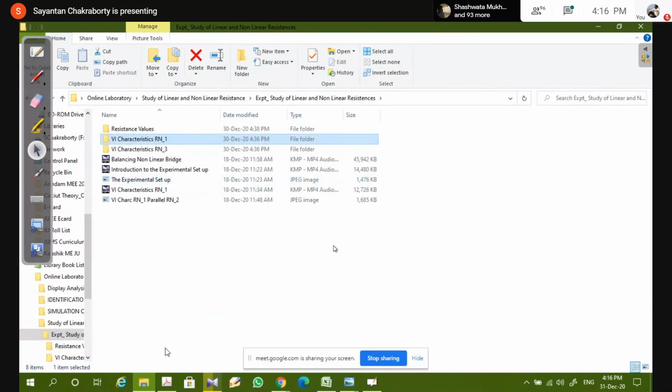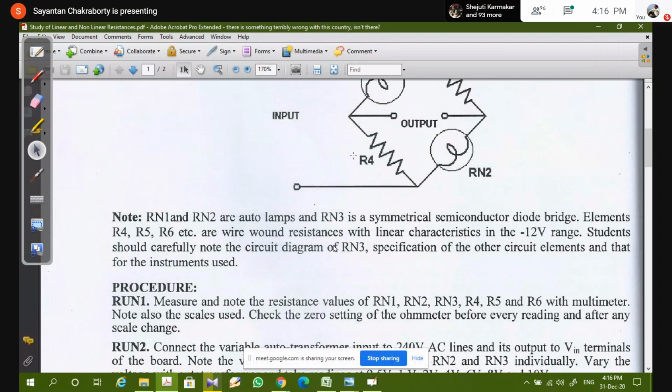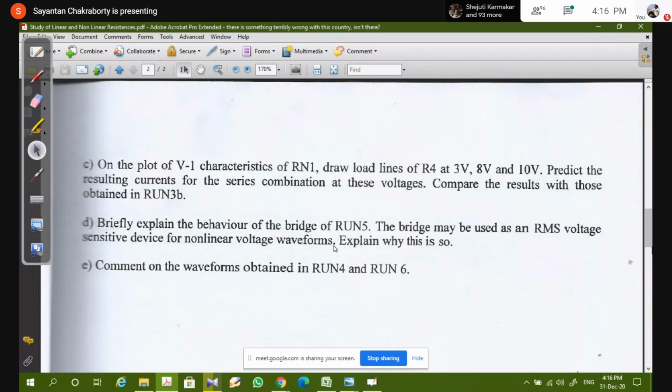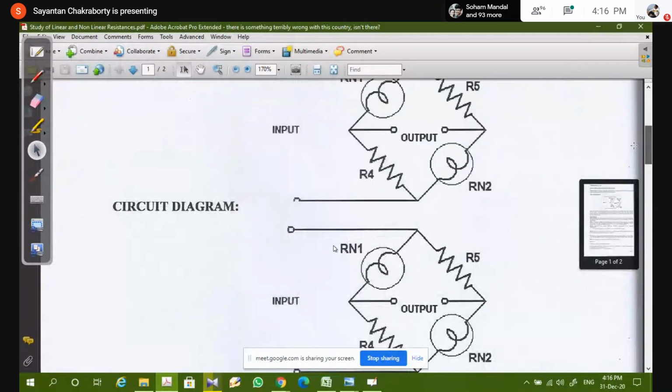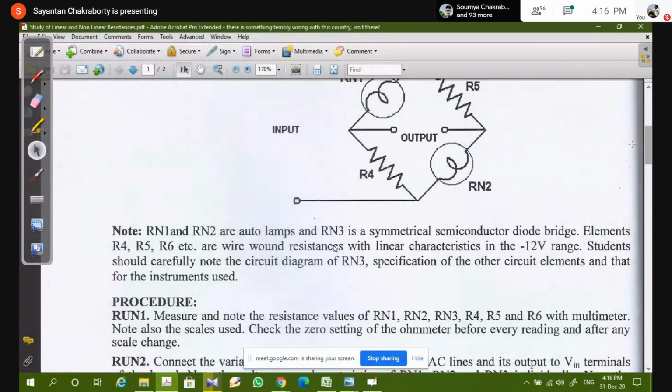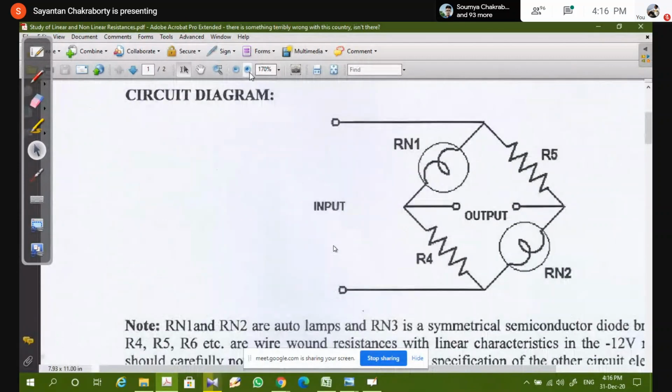Now, once that is done, your next objective will be to obtain a bridge circuit like this.